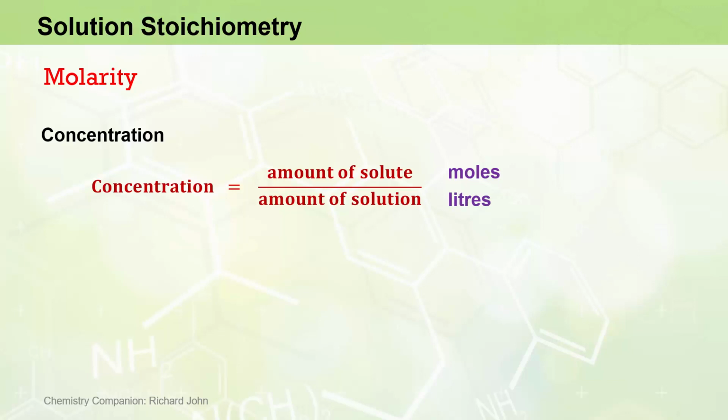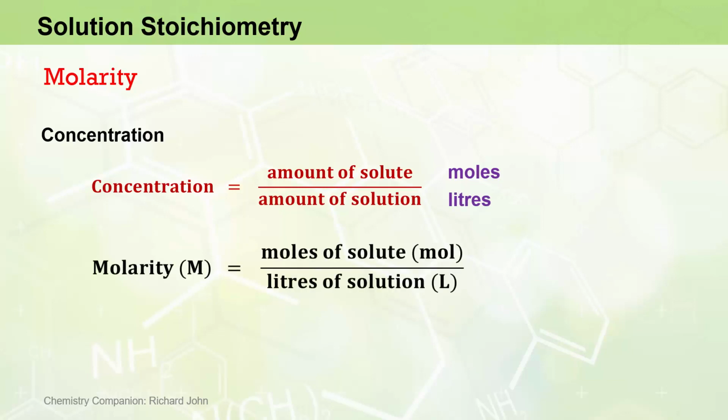When we define concentration in this way, it is known as molarity, and molarity, which has a capital M as its symbol, equals moles of solute divided by the litres of solution, or you will likely see it more often in this simplified form of molarity equals moles divided by litres. But remember, we are talking about litres of solution, not litres of solvent, and there is a subtle but important difference.